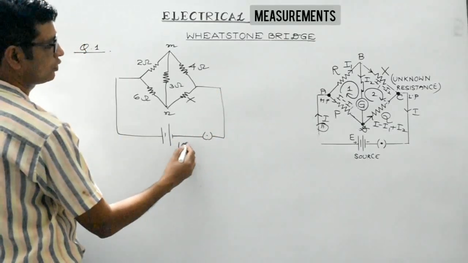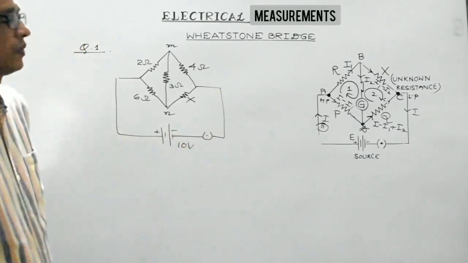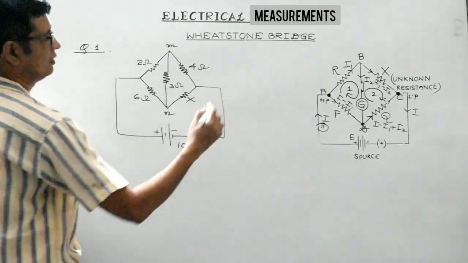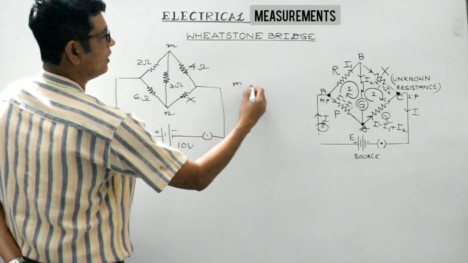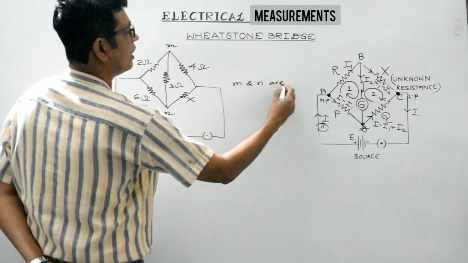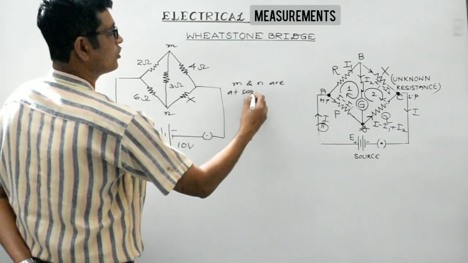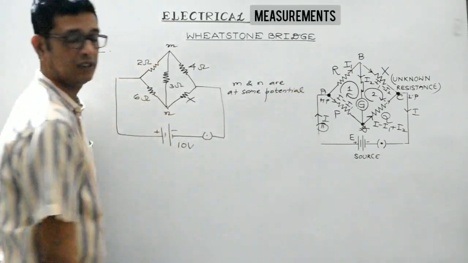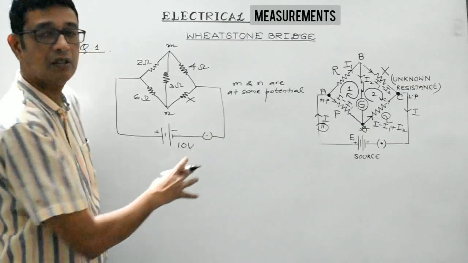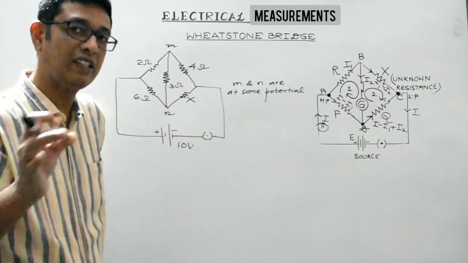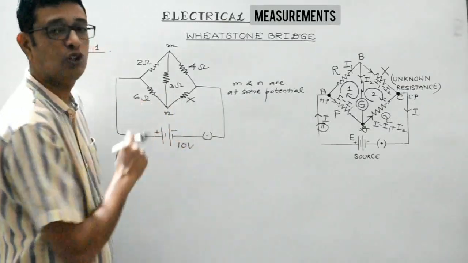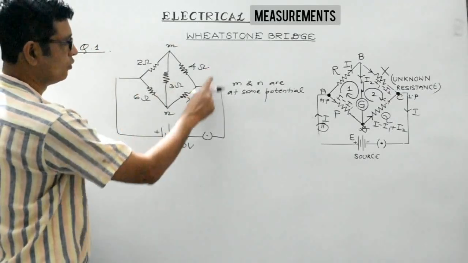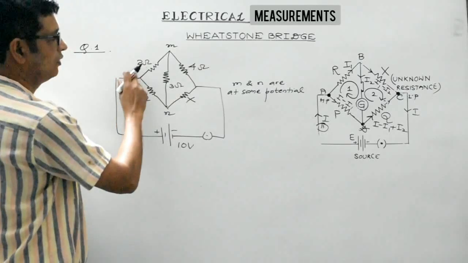Right? Suppose it's of 10 volt. Now in the question, it is given that points M and N are at the same potential. If it is given that in the given circuit, points M and N are at the same potential, determine the value of X.